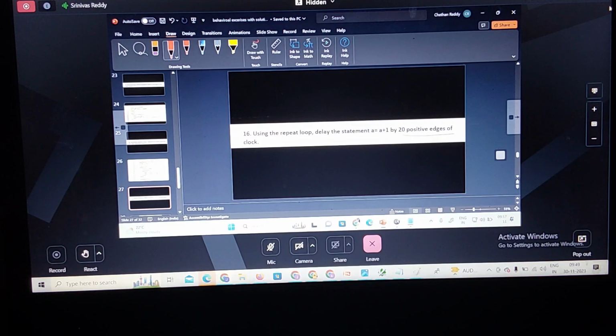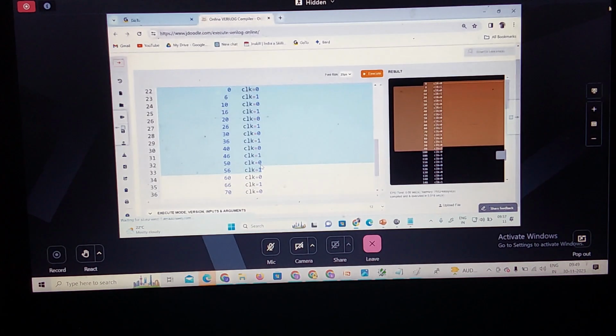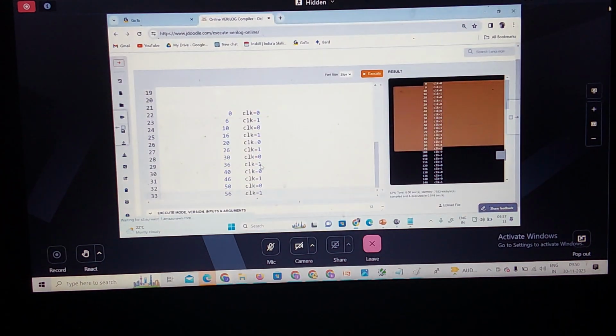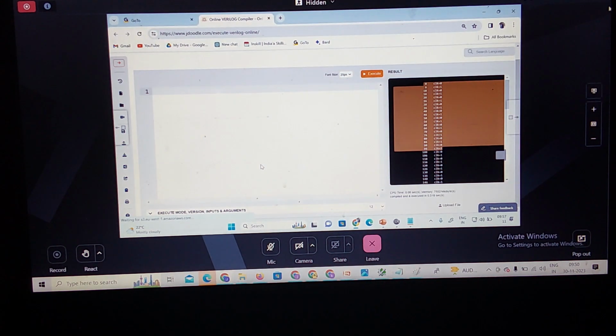How to write a program for this? Module TB. We need an integer, right? Let us take A as an integer. A is equal to A plus 1. Integer A.